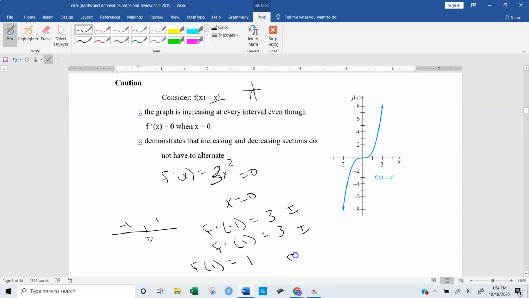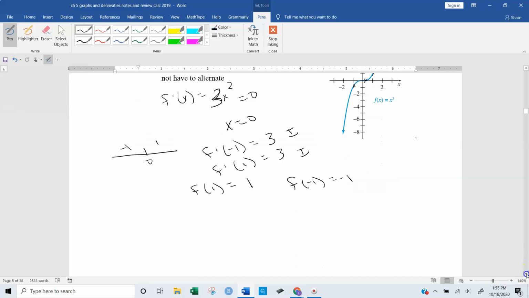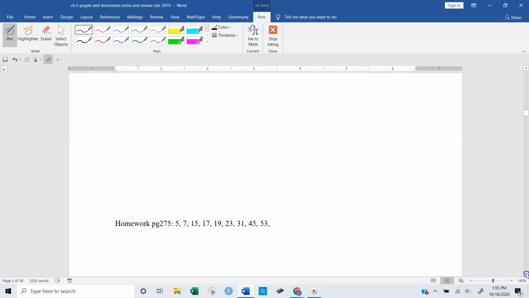And when you do f of negative 1, you get negative 1. So negative 1, negative 1, 1 and 1. 0 is a turning point, increasing always. So I start here, I have to go in an increasing section, hit my turning point, and continue in an increasing section. So it is possible to have two increasing sections next to each other. I don't think that that is not a possibility.